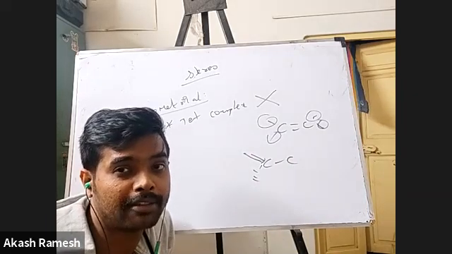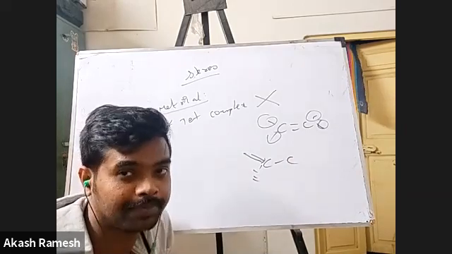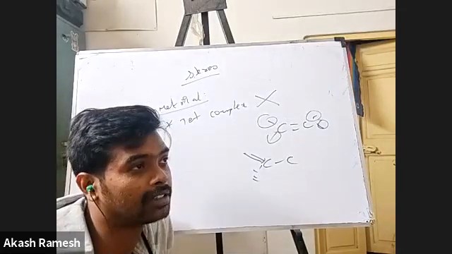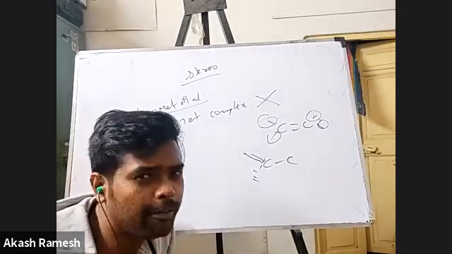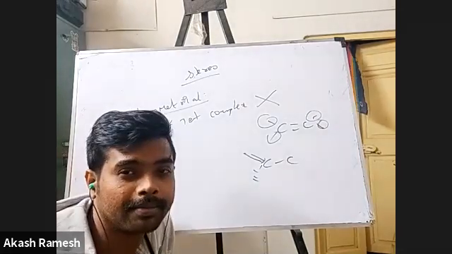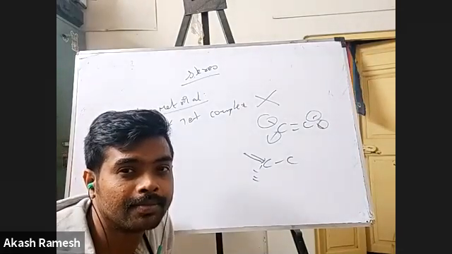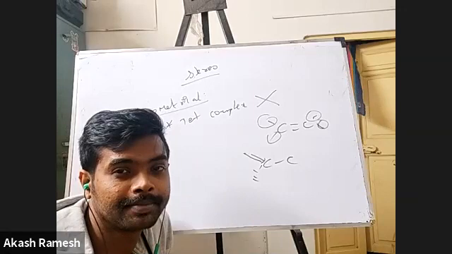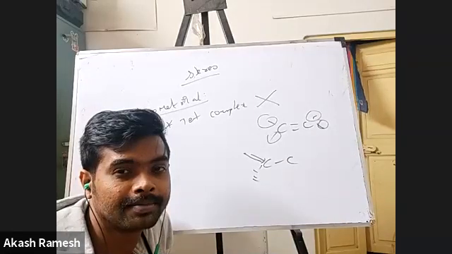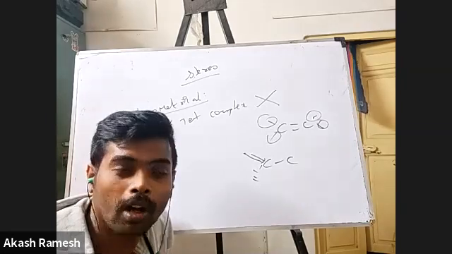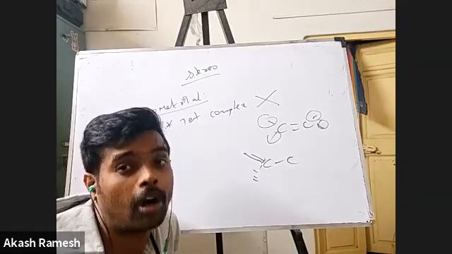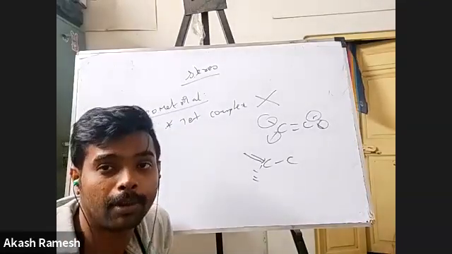If I have, I hope you studied about cyclohexane. Cyclohexane has chair, boat, half boat forms. What are they called? They are called conformers of cyclohexane. They are conformations of the particular molecule.